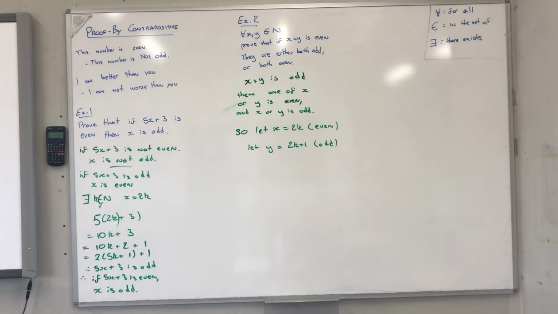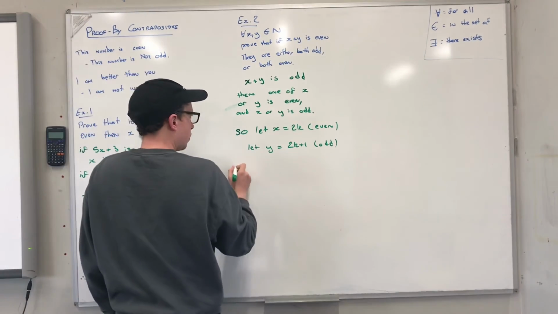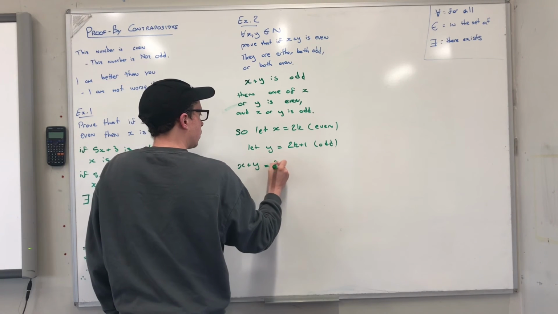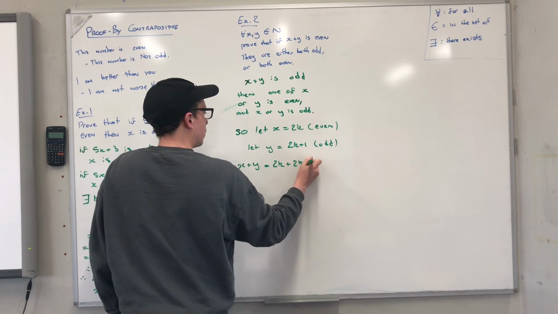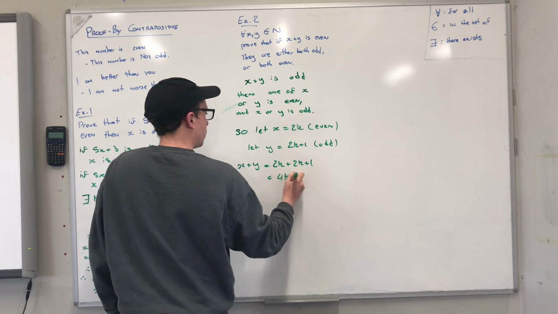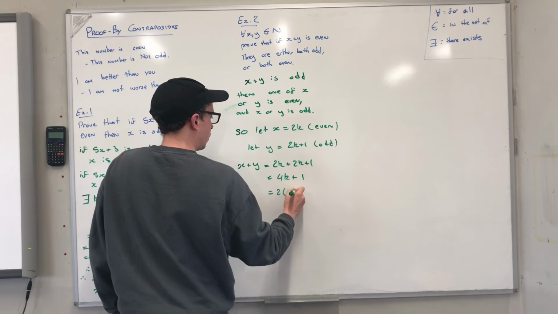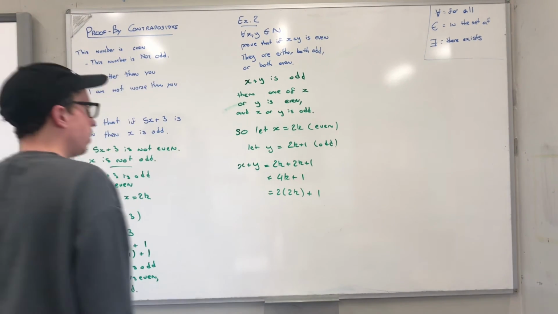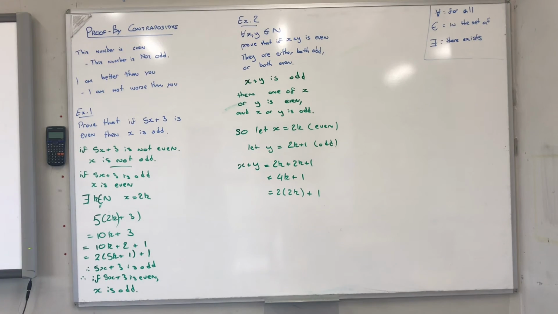And then we do 2k plus 2k plus 1, which gives us the general form of an odd number.